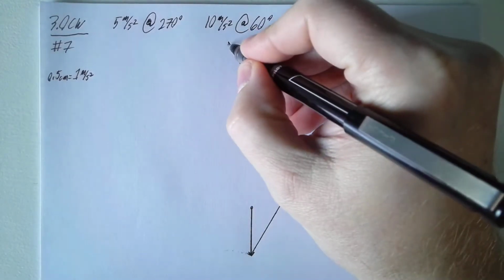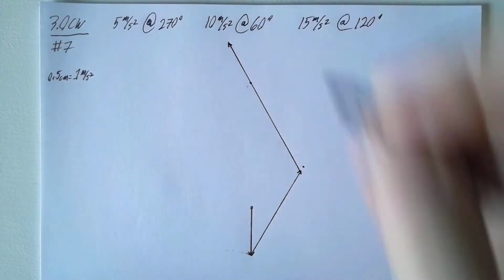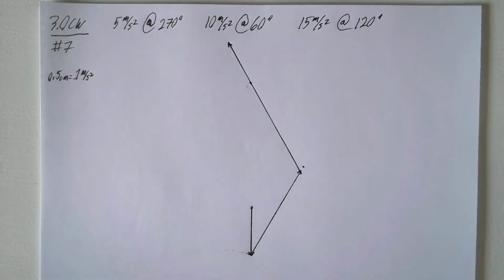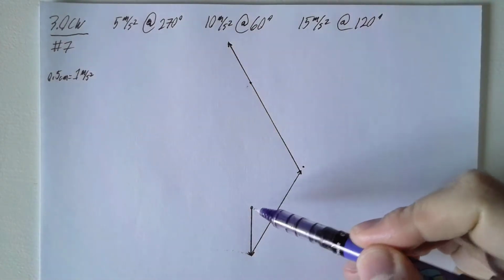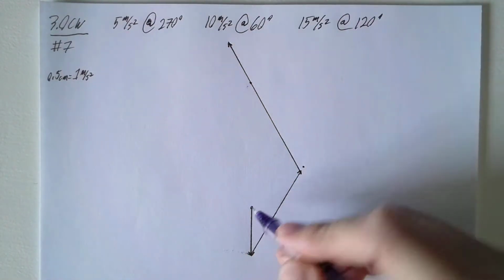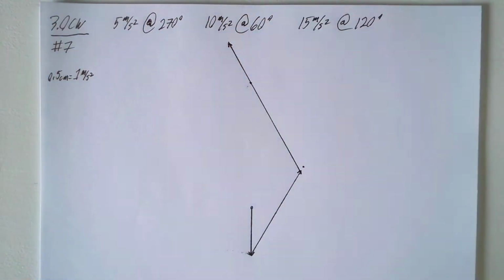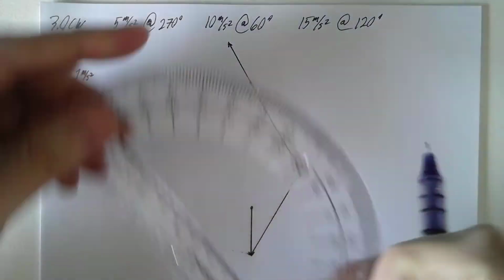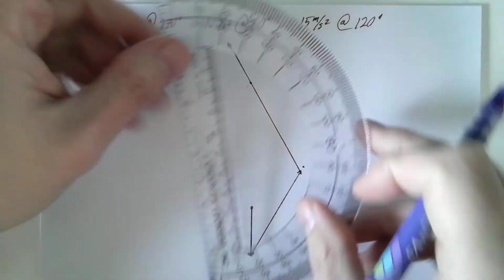Okay. So our resultant would be from where we started to where we ended. So it's going to go from here to there. Let's draw it in.